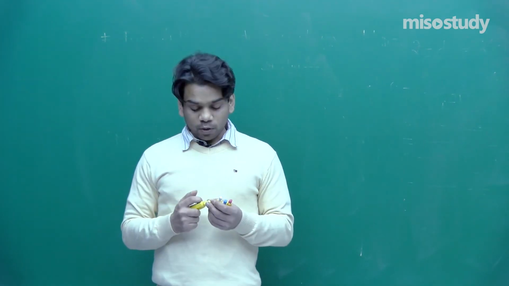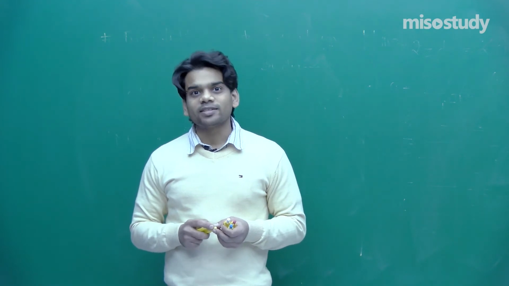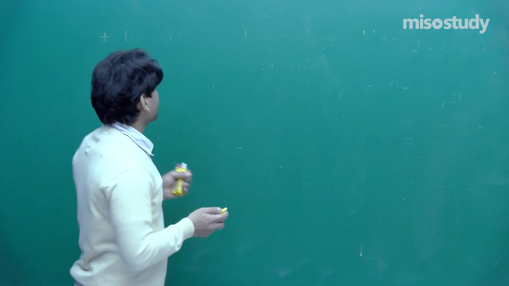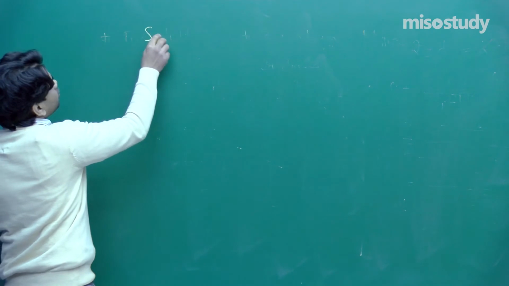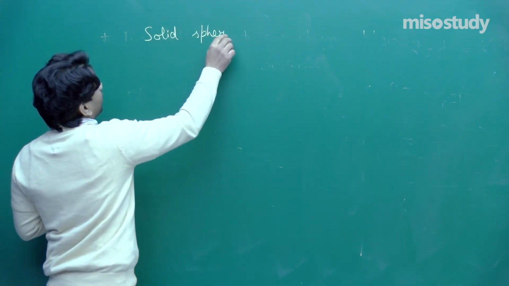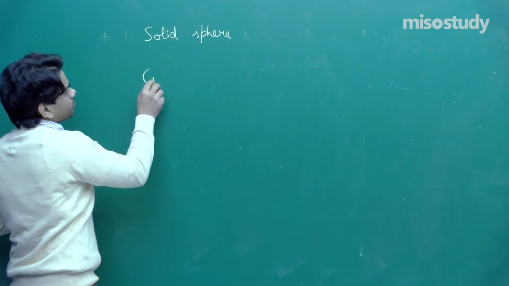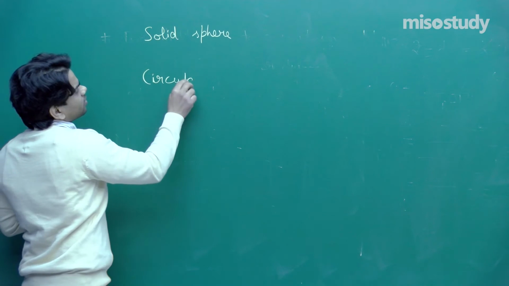Now in this question we are going to use the concept of gravitational field strength due to a solid sphere and due to a ring. The question says that we are given two objects, one solid sphere of radius capital R and one ring of radius R, both have different masses. So we have one solid sphere and we have one circular ring.